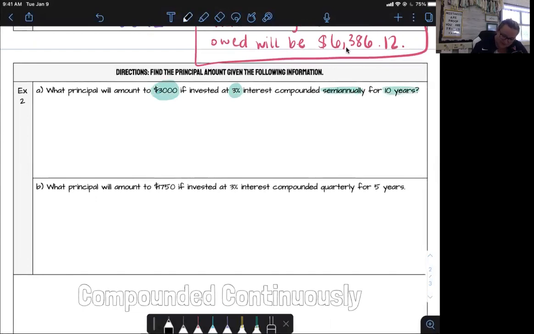So that means that this time A is 3,000. Our rate is 0.03. N would be 2 for semi-annually, and T would be 10. So let's set up our equation.